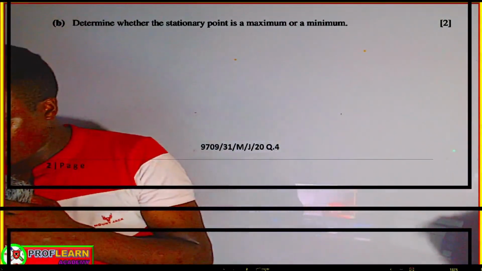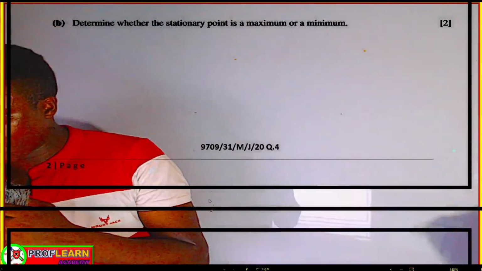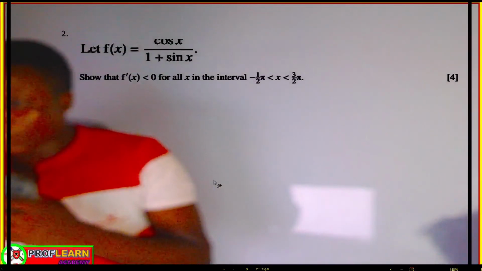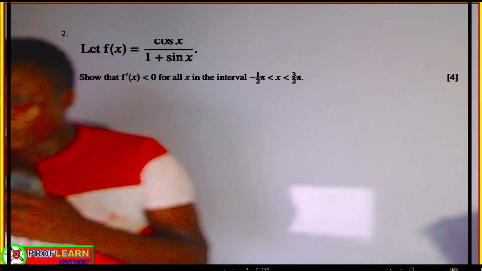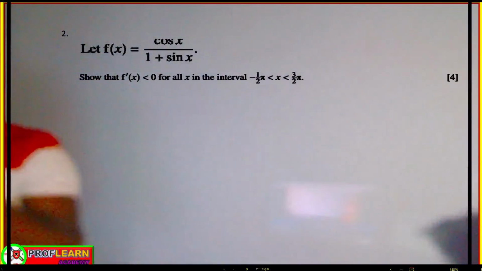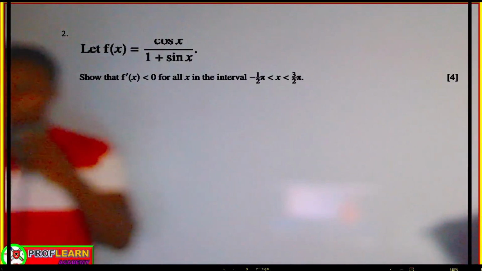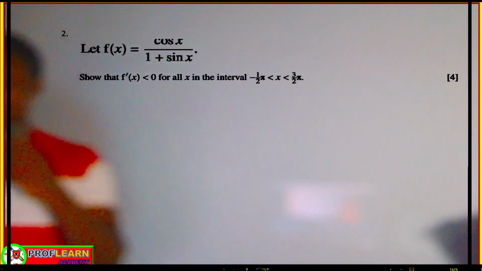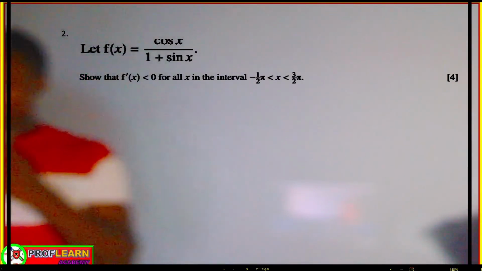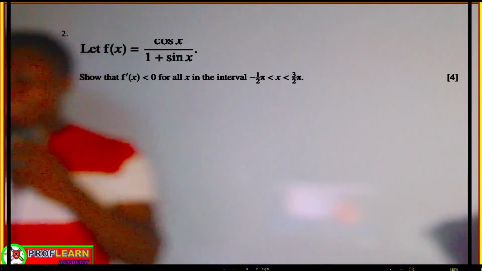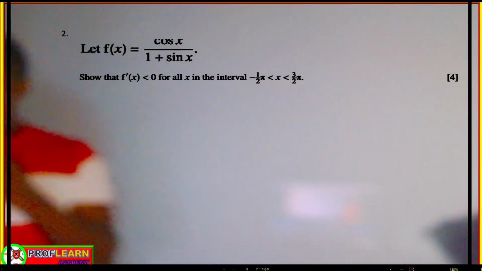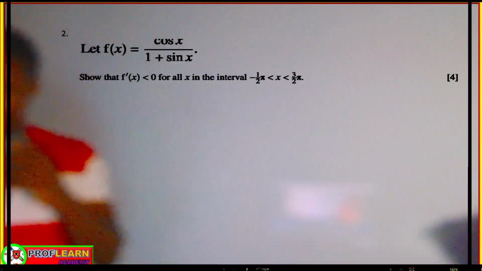So in this question number 2, we are basically going to use the quotient rule, because we are given f of x is actually cos x over 1 plus sin x. Show that f' is less than 0 for all values of x in the interval negative a half pi less than x less than 2 over 3 pi.